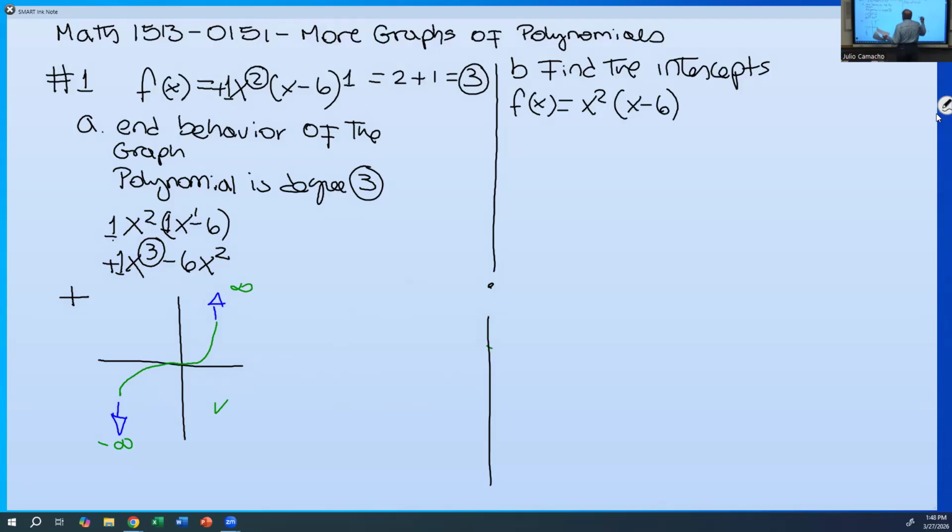As we learned before, we need to find the zeros of the polynomial. How do you find the zeros of the polynomial, or the values of x? You need to set these two factors to 0. So let's set these factors to 0. X squared is equal to 0. Because it's to the second power, I can take the square root, and the index will cancel the power because they are opposite operations.